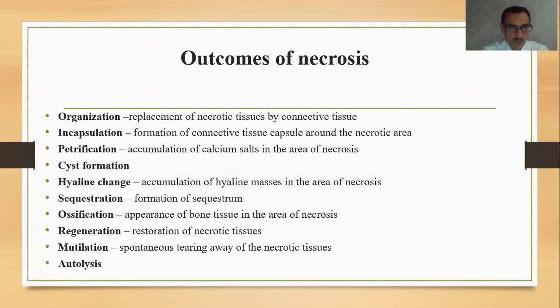Hyaline change, accumulation of the hyaline masses in the area of necrosis. Sequestration, ossification, that is appearance of bone tissue in the area of necrosis. Regeneration, restoration of necrotic tissues. Mutilation, spontaneous tearing away of the necrotic tissues, and autolysis.